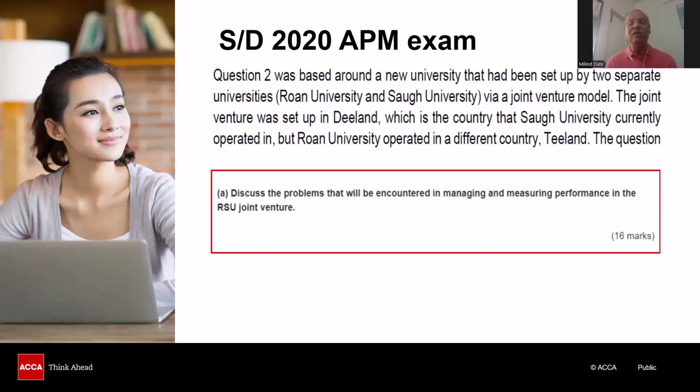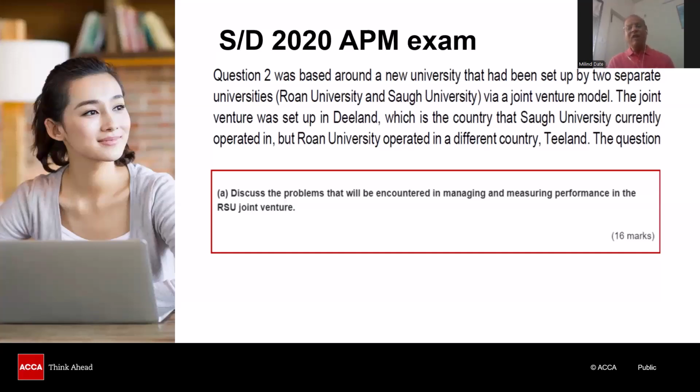This question is there for 16 marks, remember. So you need to write at least 10, 12 relevant points or 8 very well explained points, avoiding generic discussion. And when you are going to identify a problem and start discussing it, you need to support your discussion with evidence from the exhibits.